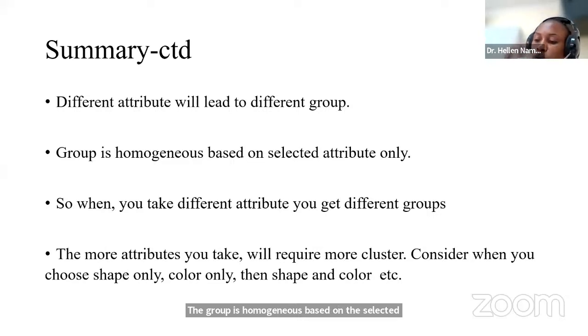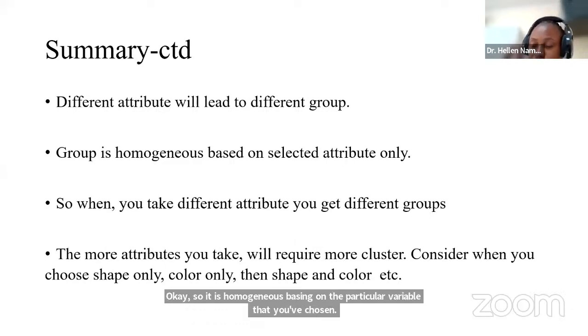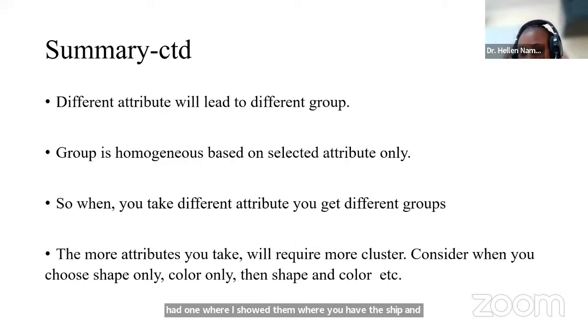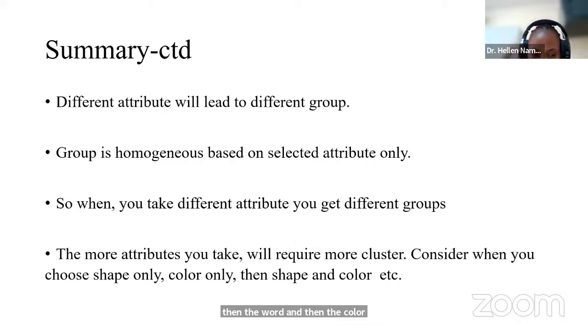So it is homogeneous based on the particular variable that you've chosen. Like the one of shape, we had the triangle, the circle, and then the rectangle. And so when you take different attributes, you'll get different groupings. Like the example where I showed you have the shape and then the color, of course, automatically the groupings will change.